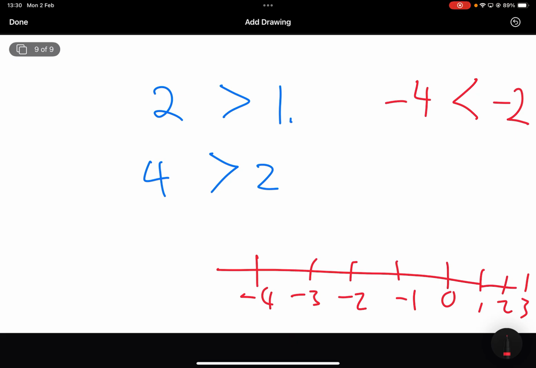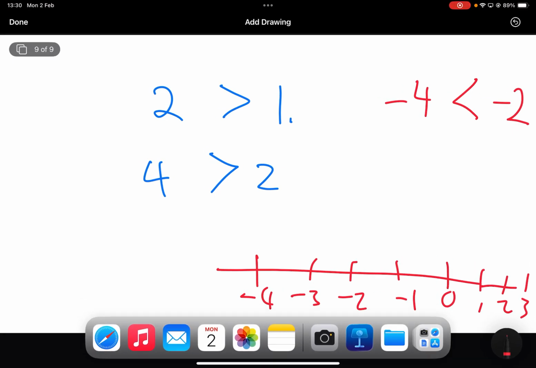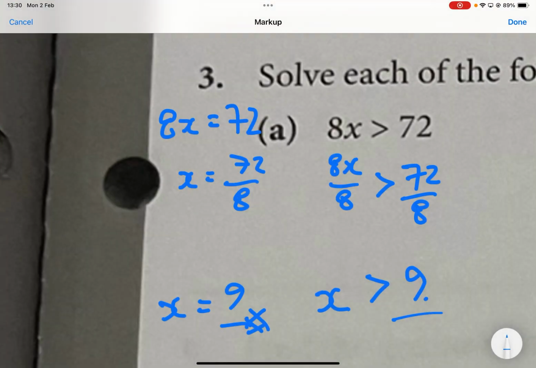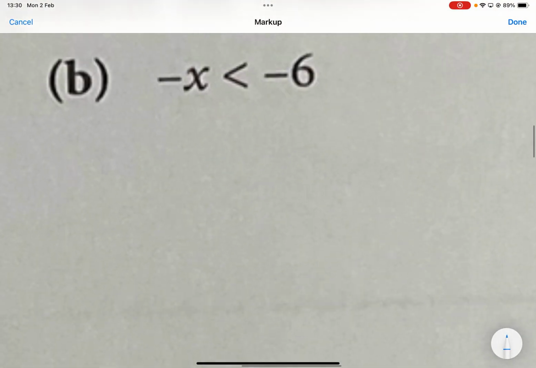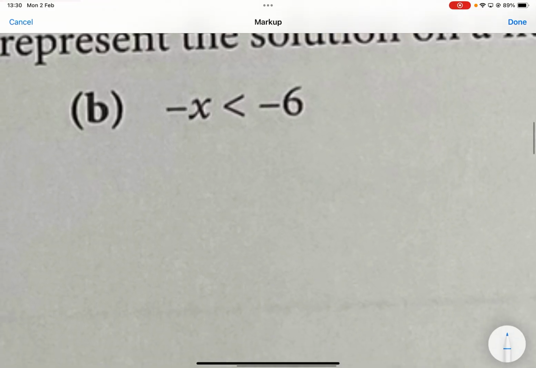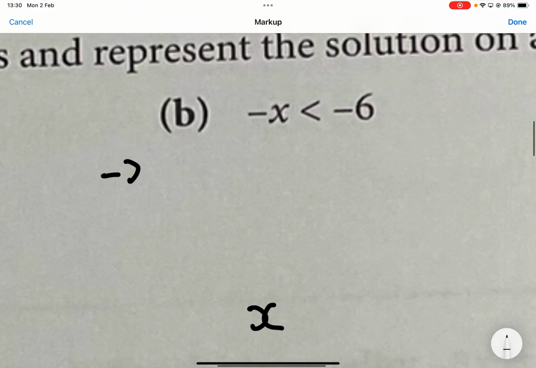Okay? So when I'm solving an inequality, let us go back to our question B. I want to solve this. When I'm solving, my endpoint is x by itself. If I were solving an equation, I have negative x equals negative 6.